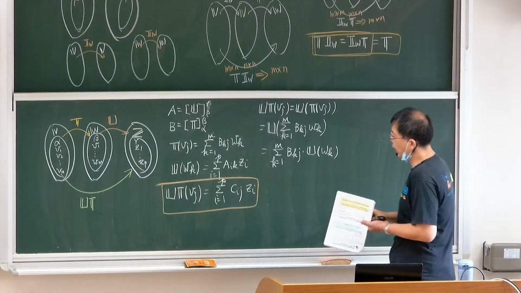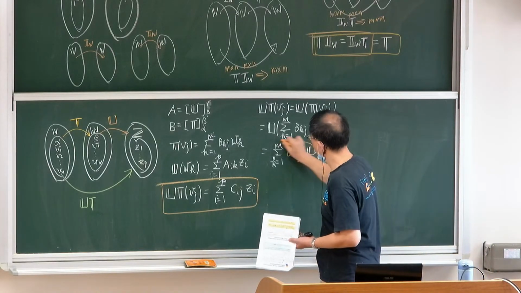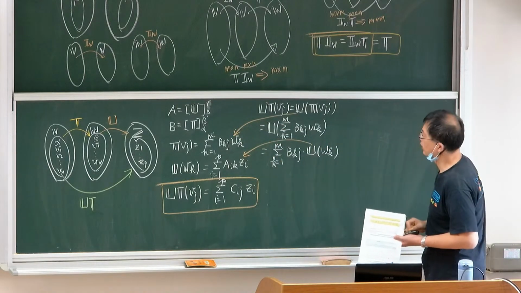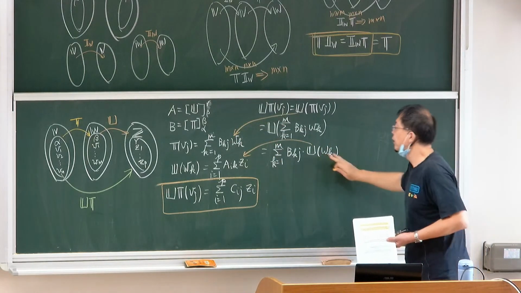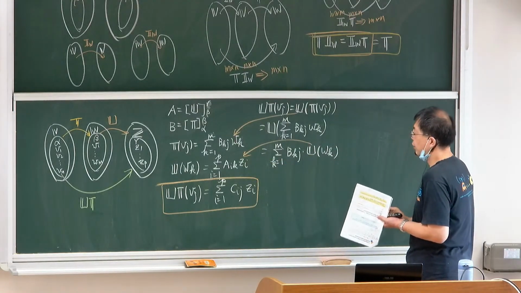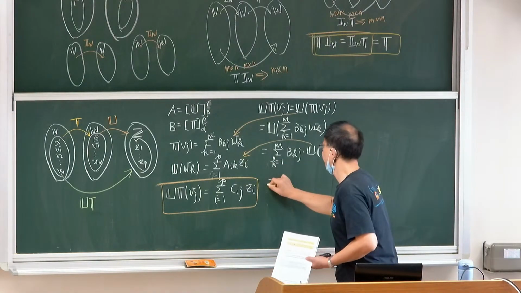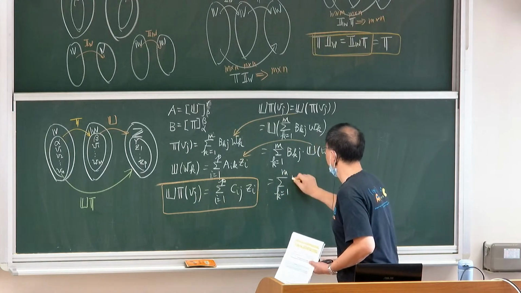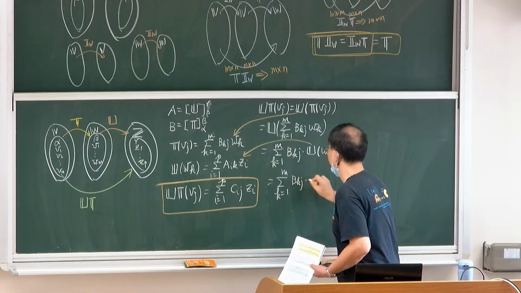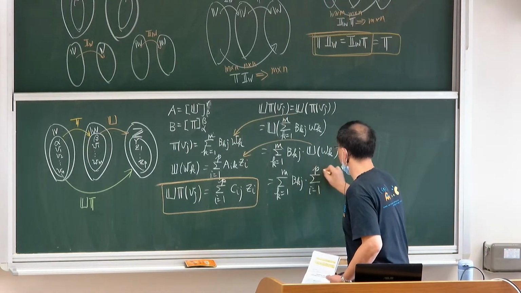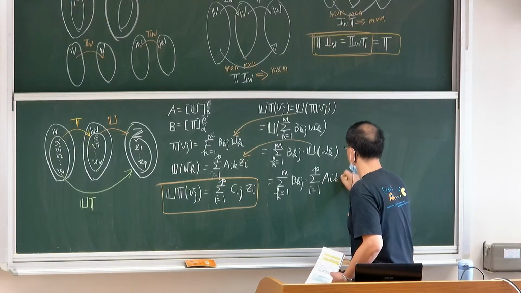And then we also have Wk here. So I replace U of Wk by this expression. So I have summation K equals 1 to M, Bkj times summation I equals 1 to P, AIK times ZI.